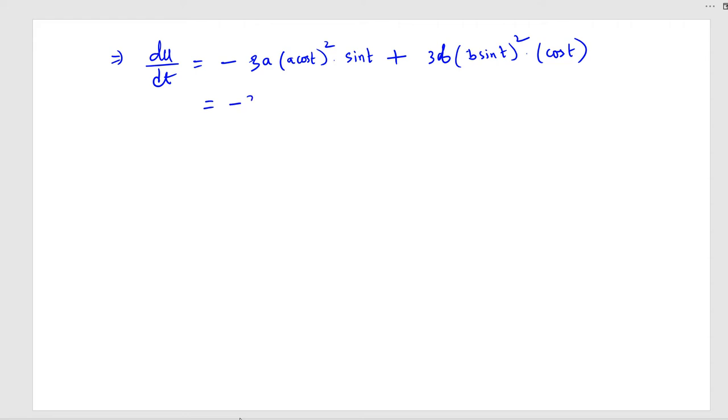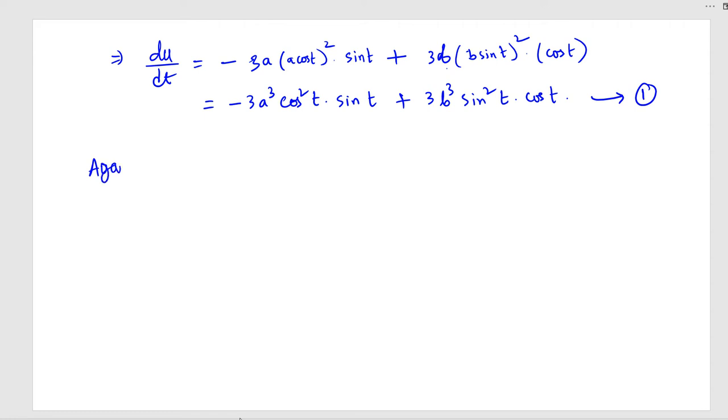So you get here minus 3a cube cos square t into sine square t, plus 3b cube sine square t, sine t times cosine of t. Okay, now let us call this one as 1.